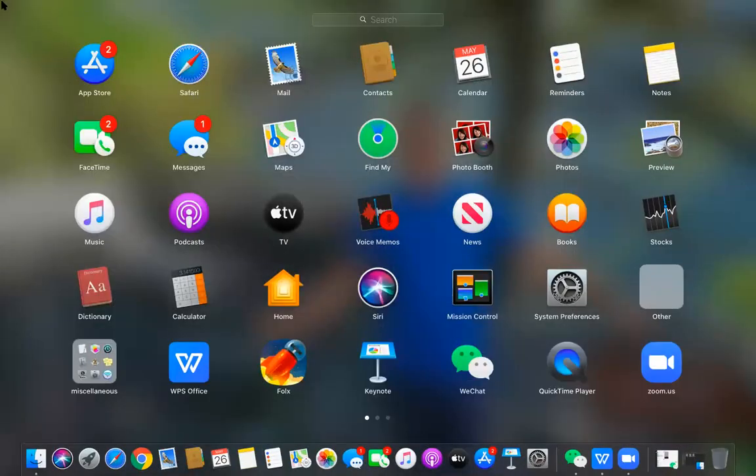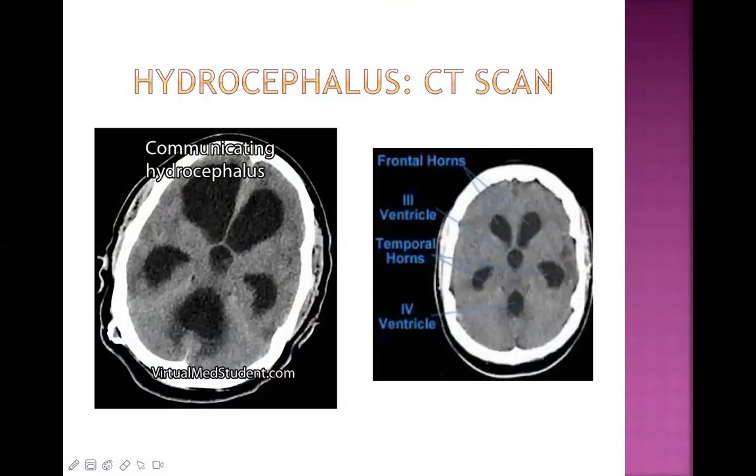Now look at this. CT scan here. This is communicating hydrocephalus. Why is it communicating hydrocephalus? Look, all the ventricles of the brain are dilated. Lateral ventricles, these are also lateral ventricles, part of the lateral ventricles.